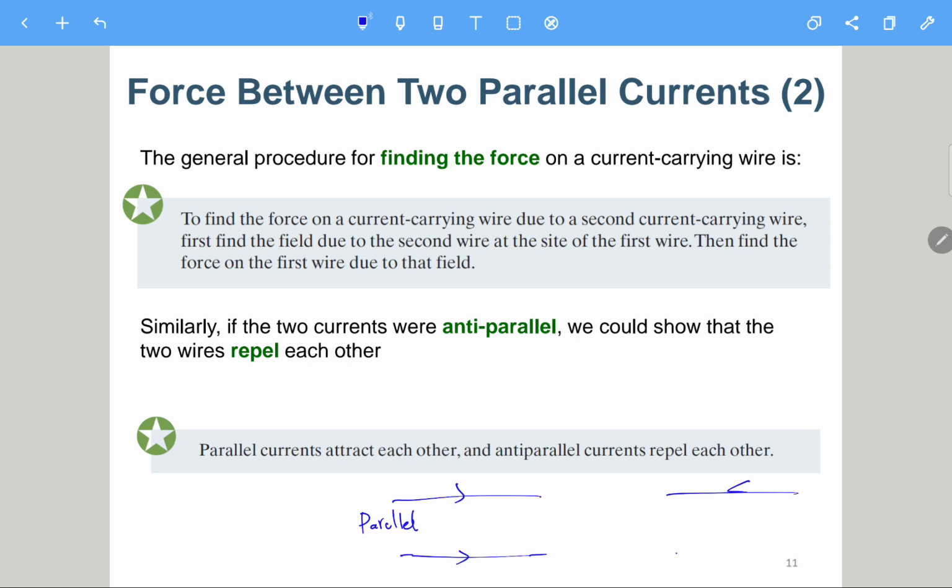And if IA and IB point in opposite directions, we call it anti-parallel. So similarly, if two currents were anti-parallel, we could show that the two wires repel each other, and parallel currents attract each other, and anti-parallel currents repel each other. Okay.